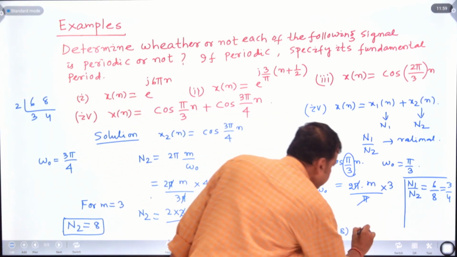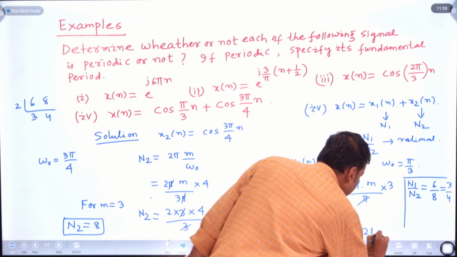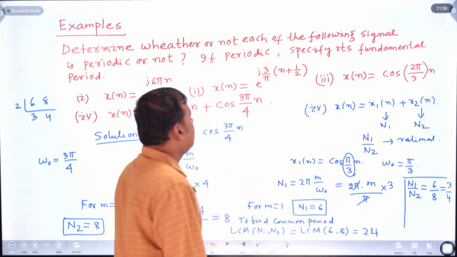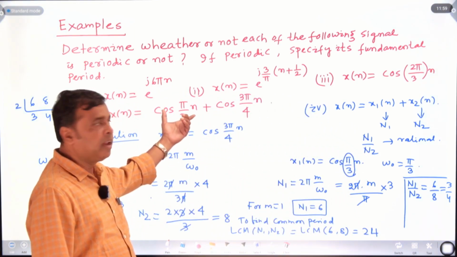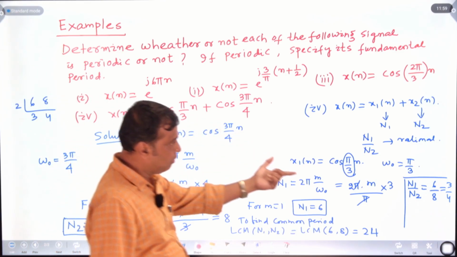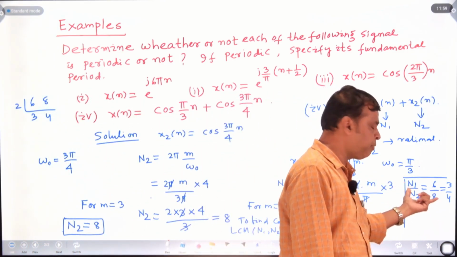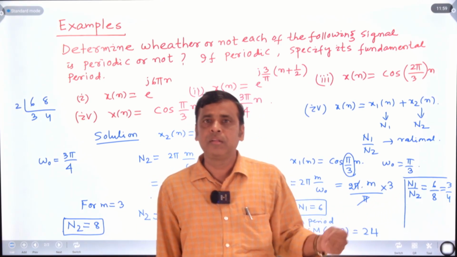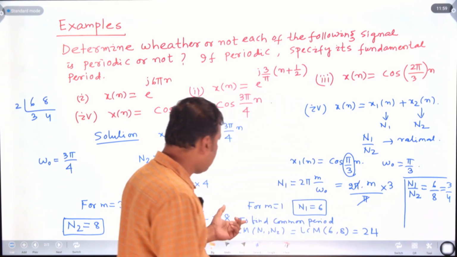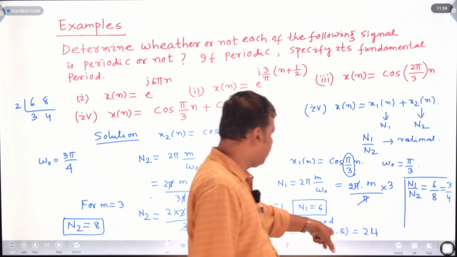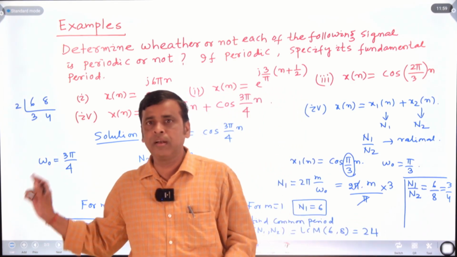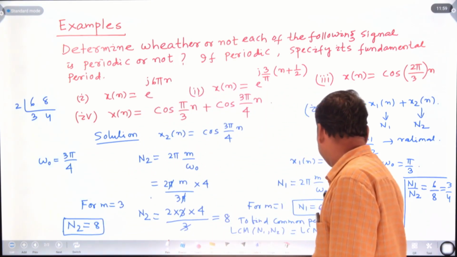So in this example, the signal is periodic because n1 by n2 is a rational number. From this we can conclude that the signal is periodic, and to find the common period, the LCM of n1 and n2 is 24. In these signals, the signal is periodic and the common period is 24.